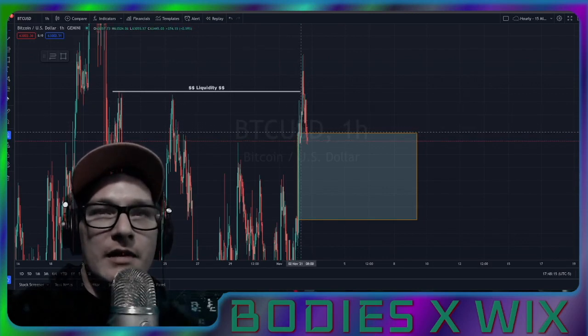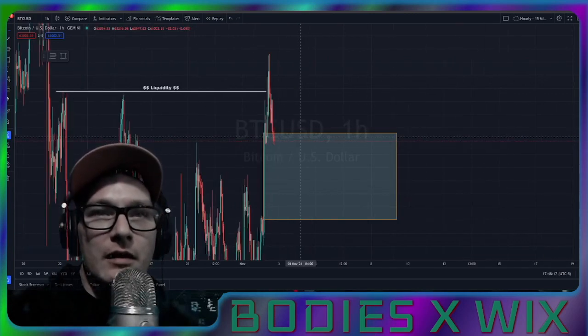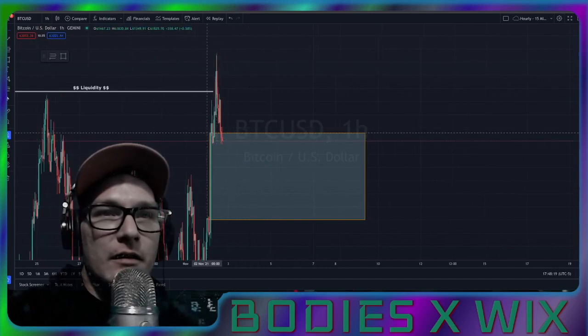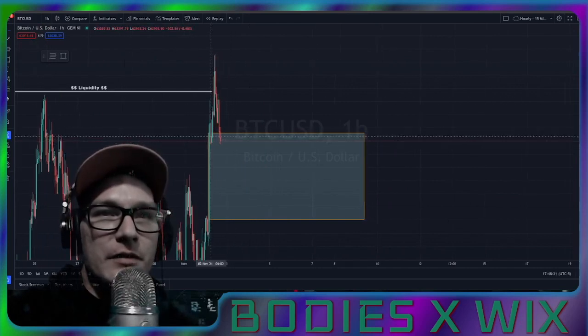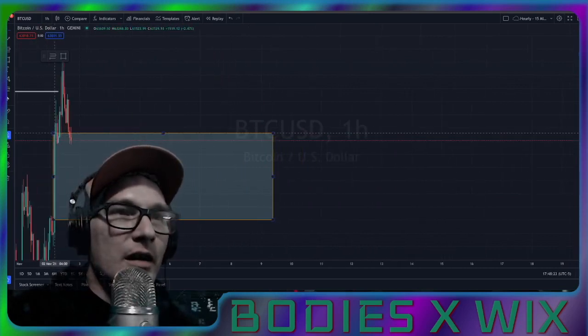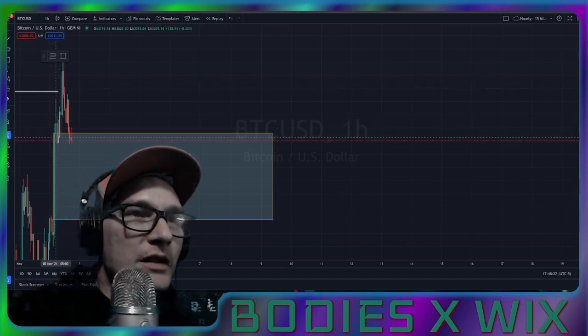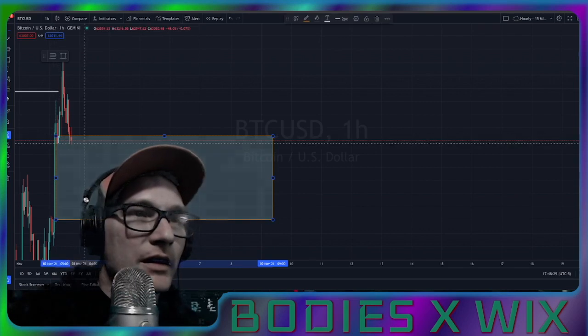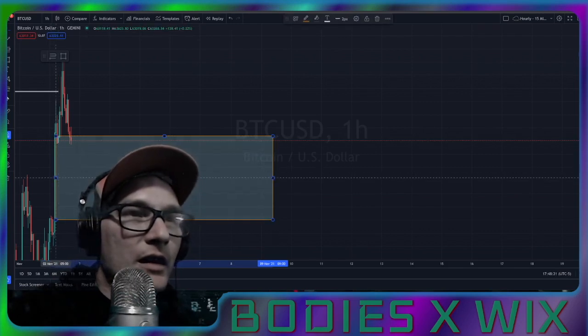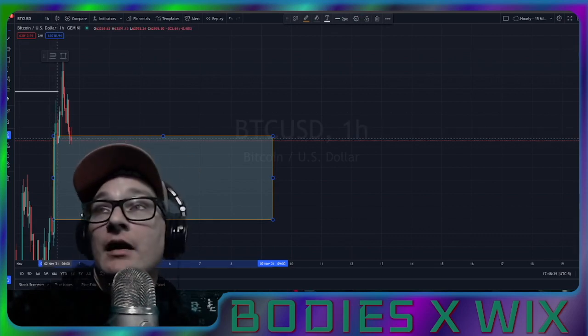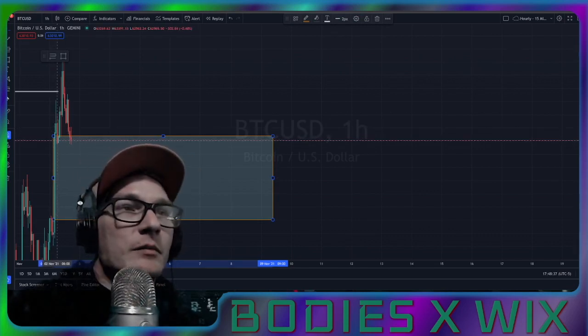As it was falling back, it looks like it came into the fair value gap. Actually, that would be it right there. Came into the fair value gap and then boom, took off.